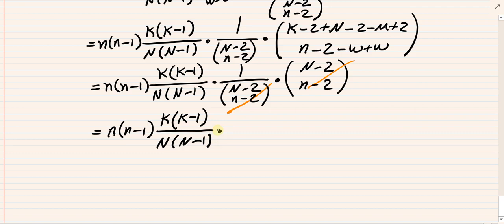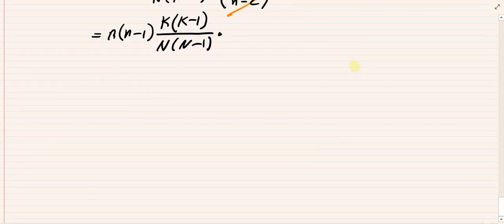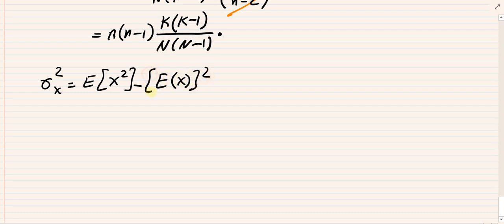Now, let's actually find the variance. By definition, the variance of x is the expected value of x squared minus the expected value of x, quantity squared.